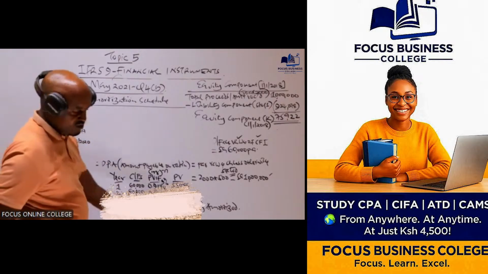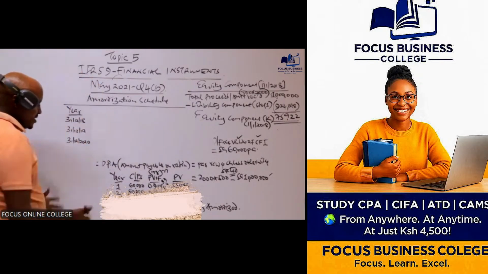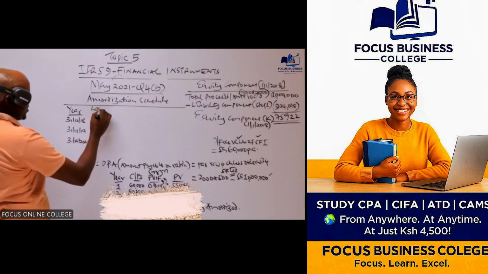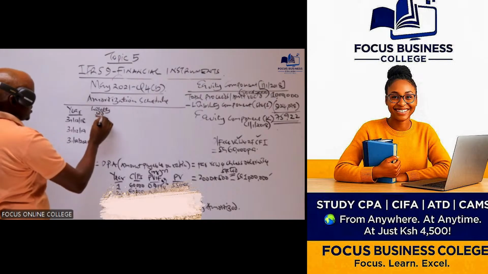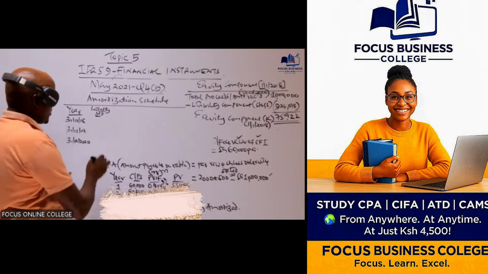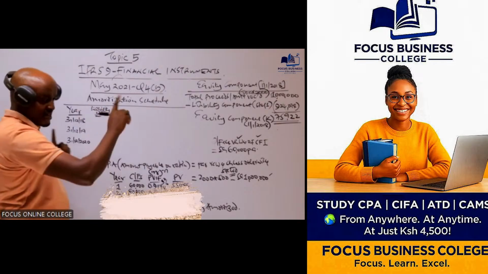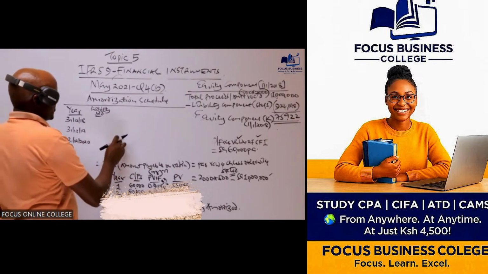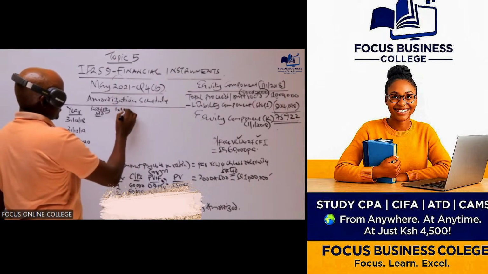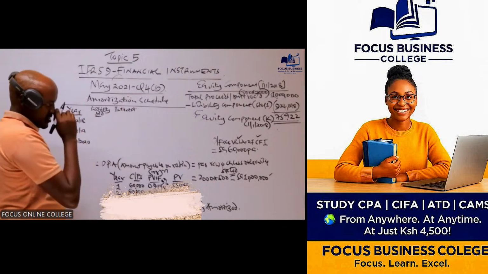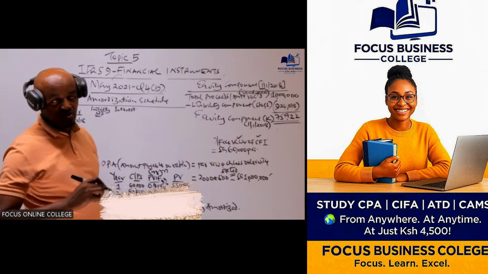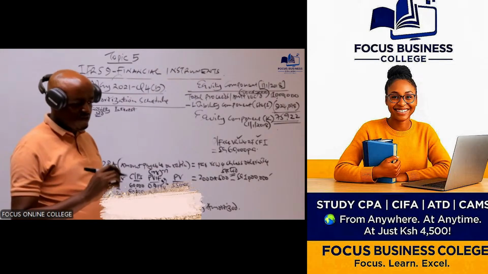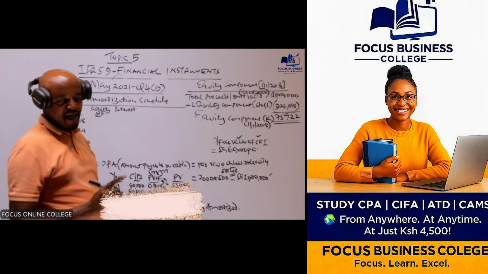So what do we want to amortize? The liability. So the first column here will be for the liability at the start, and take into account that the interest is payable in arrears. The next column should be for the interest. And actually, this interest we always compute based on the effective interest rate, the market interest rate, not the coupon.